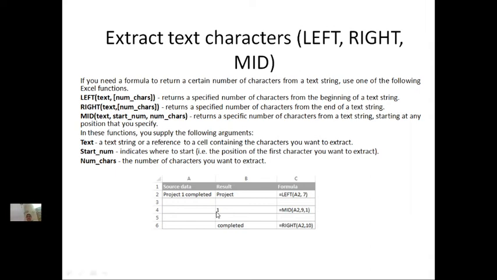He is returning 1 here. Next is RIGHT. RIGHT A2 comma 10. From the right, he is returning the 10 characters, that is nothing but completed. So students, I think you have understood with examples. In this slide he is showing the extract text characters, that is LEFT, RIGHT and MID.